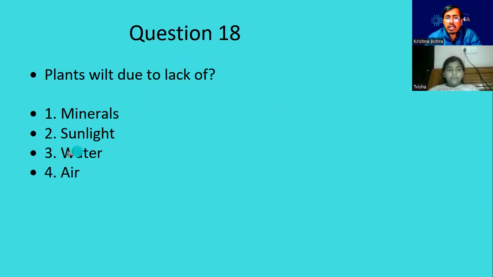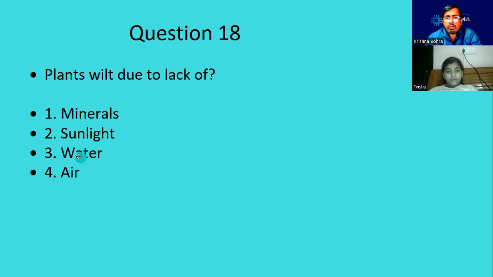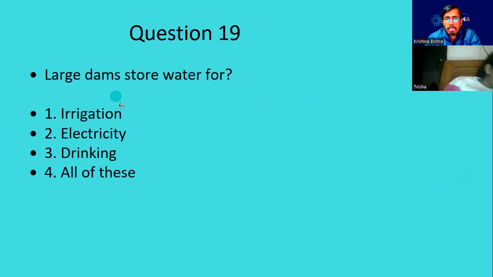Minerals, sunlight, water, and air. Water. Wilting of leaves also happens apart from water scarcity. We can say apart from it, there is also a parasitic kind of disease we call plant wilt. We will be understanding it in the geology class. Question number 19 says large dams store water for irrigation, electricity, drinking, and all of the above.